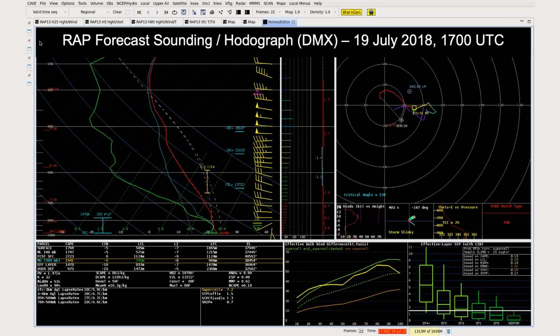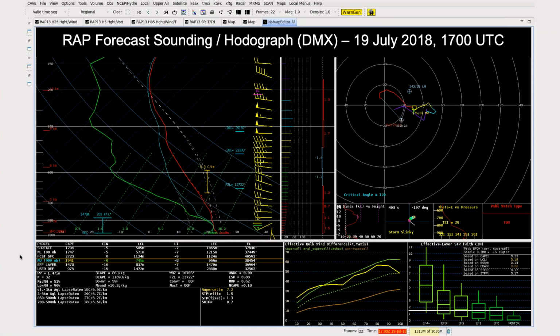We dropped a point near Des Moines and got a RAP analysis sounding at 17Z, and it paints a much different picture than either of the two observed soundings. The boundary layer is already quite unstable with ML CAPE in excess of 1,700 joules per kilogram, and the effective inflow layer is nearly 1.5 kilometers, which is fairly deep so early in the day.